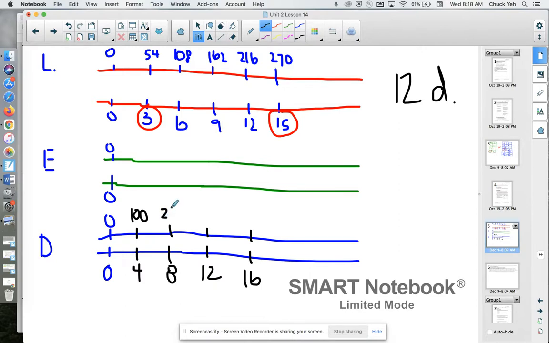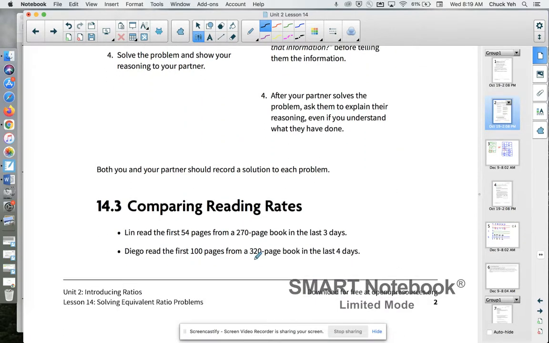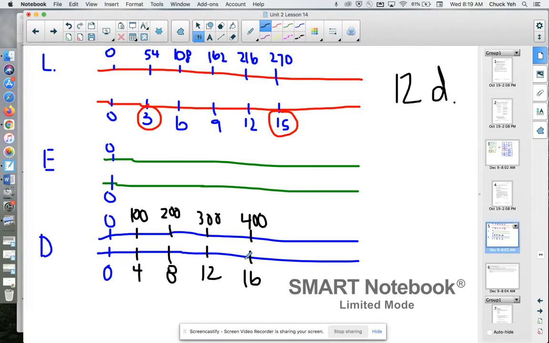Ready? All right. 200, 300, and 400. So let's see how long the book was again. From a 320 page book. 320 pages, I'm going to guesstimate is probably right here.